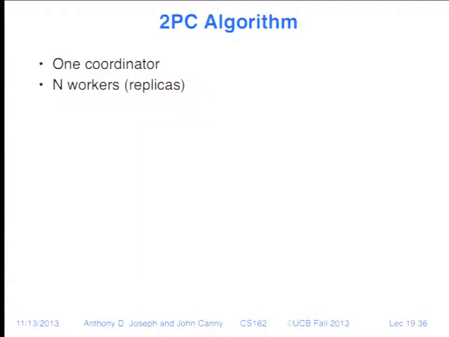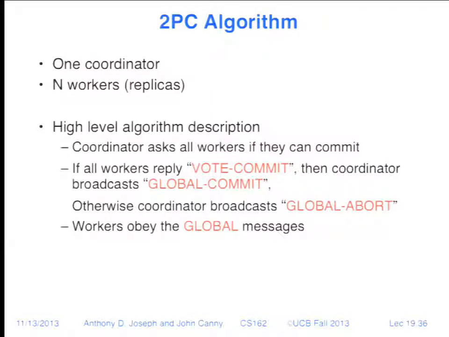All right, so in two-phase commit, there's one coordinator and then n workers, which have replicas of the data. And at a high level, the coordinator is going to try to execute the commit at all the data nodes. And the workers reply that they agree to the commit by voting for commit.